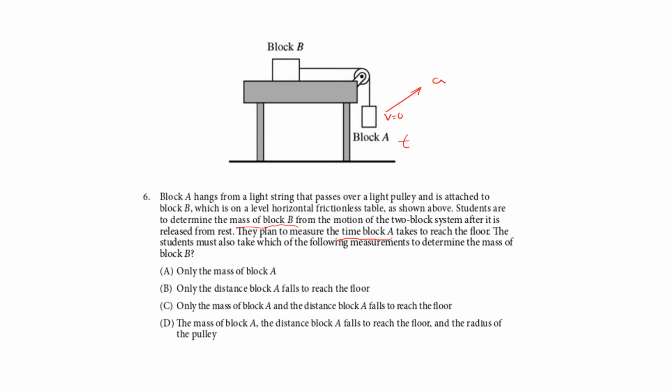We know the time because they've already decided about that, but you need to know the distance here because you would use the second equation, d equals v0t plus 1/2 at squared. You'd know v0 was 0, so this would cancel out. You need to know the distance to figure out the acceleration, because you know the time already. So we need the distance, so it's not this one.